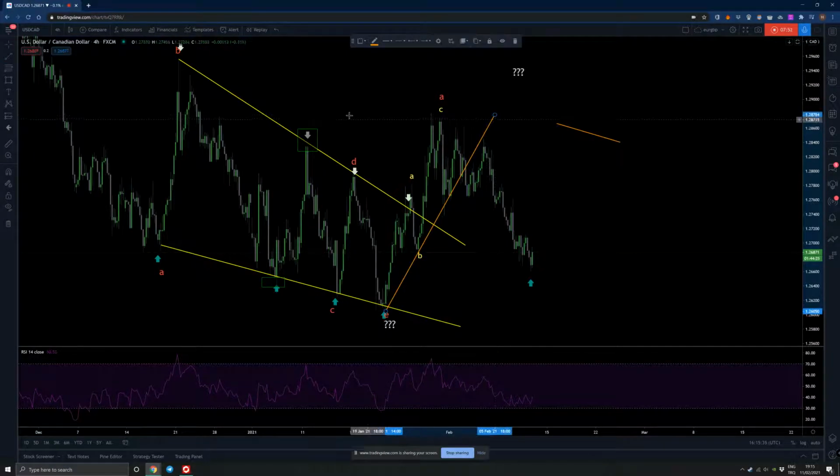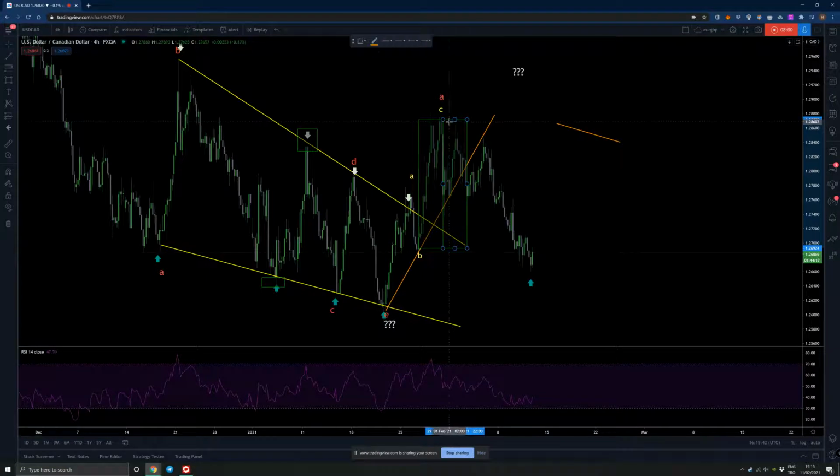You have to draw the 0 to B trend line and take the time taken for wave C to form, and you project it on the right side, and you expect the price action to come back and break the 0 to B trend line, which it does in due time. However, it doesn't come back all the way to the B wave. Thus, we don't have a simple correction. What we have here is a complex correction.